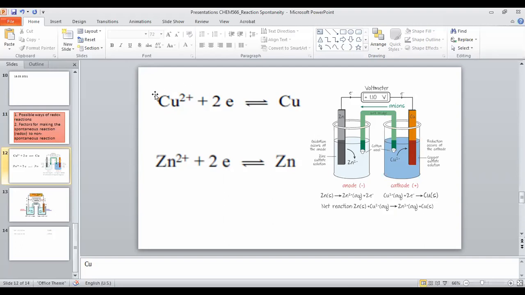Let's suppose I am going to reduce copper plus 2. Then the possible ways are that copper plus 2 reacts with copper, or copper reacts with zinc plus 2, or copper plus 2 reacts with zinc metal.